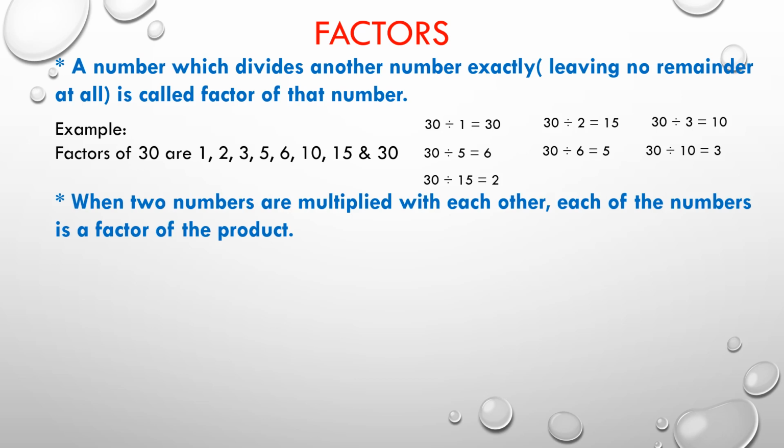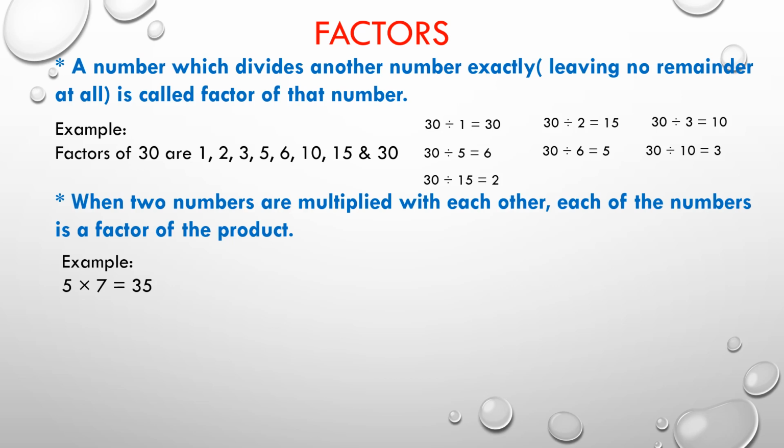For example, when I have 5 and 7 and I multiply 5 and 7, my answer is 35. So 35 is the product, and 5 and 7 multiplied with each other, each of the numbers, 5 also and 7 also, is a factor of 35.